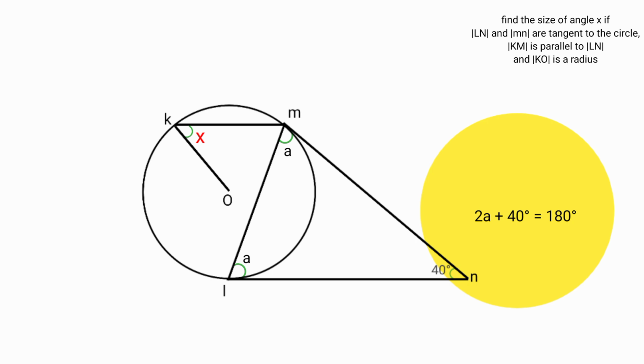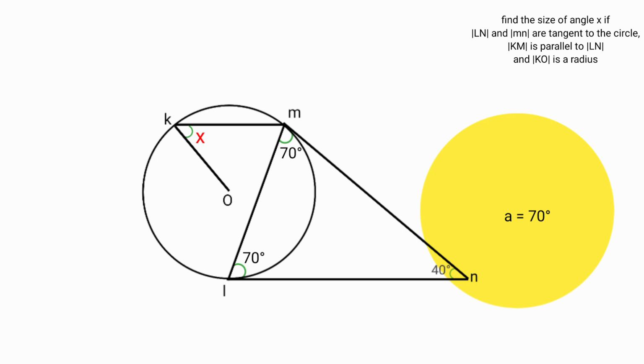Subtracting 40 degrees from both sides, now 2A equals 140 degrees. To find A, we divide both sides by 2. So 2A over 2 equals 140 over 2. Here 2 cancels 2, and 140 degrees over 2 is 70 degrees. So A equals 70 degrees.